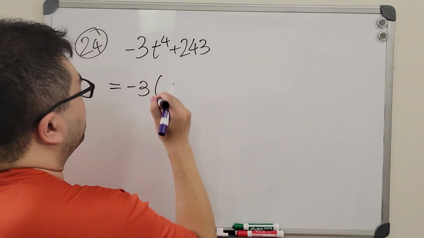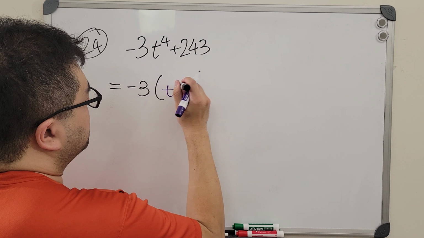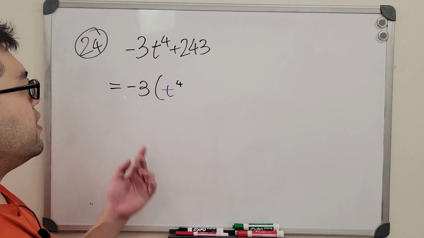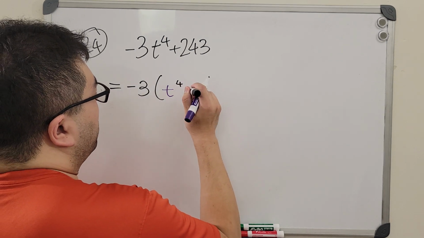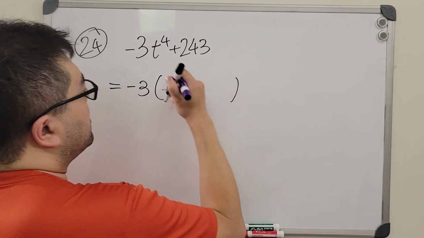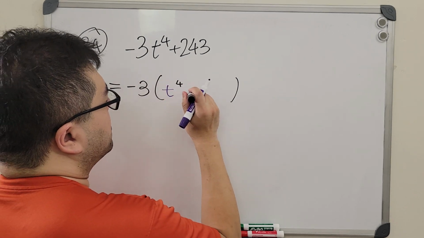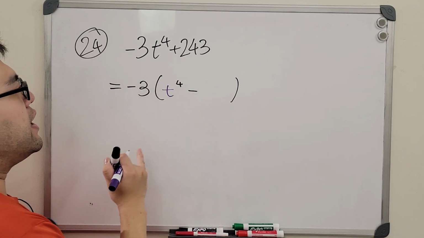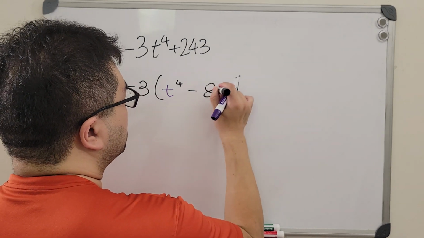Then if we do that, our first term is of course going to be t to the 4th power after we factor out the negative 3. And for our second term, we need to flip the sign as we factor out the negative. So the plus sign will turn into minus. And then 243 divided by 3 is 81.